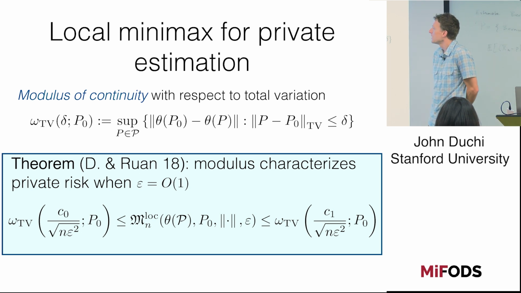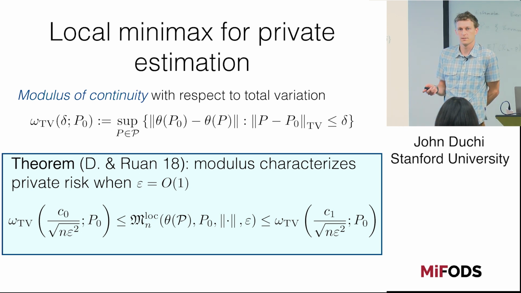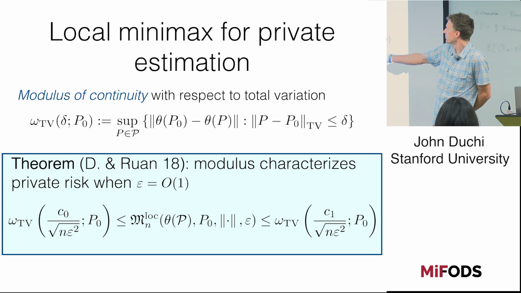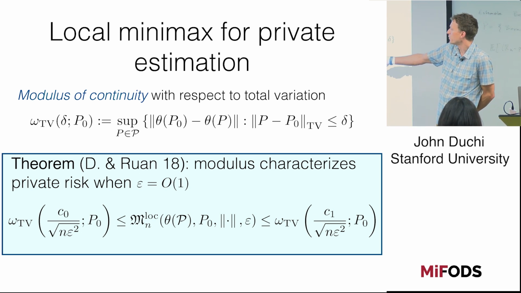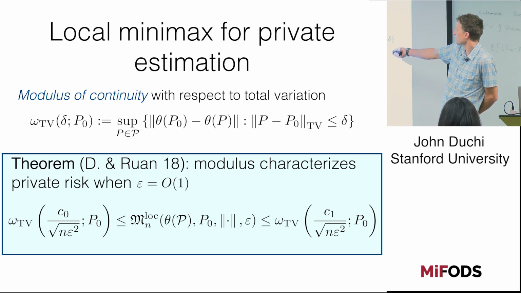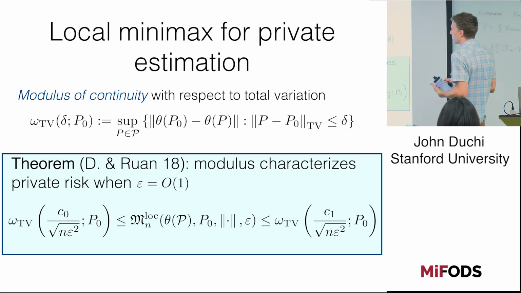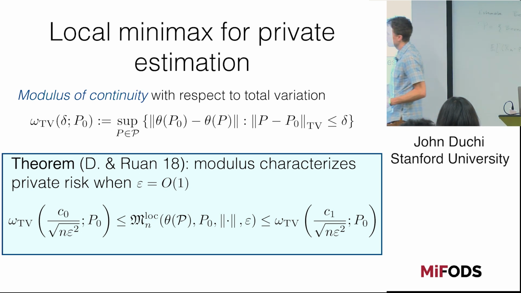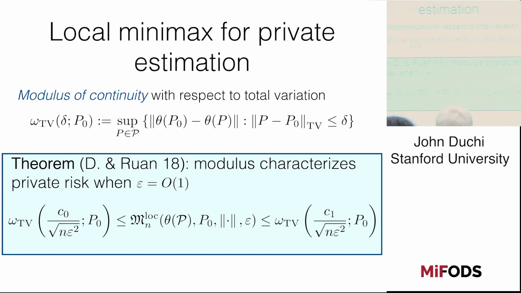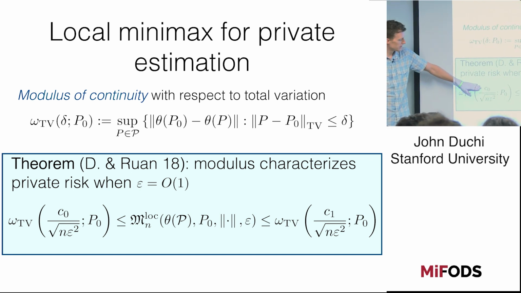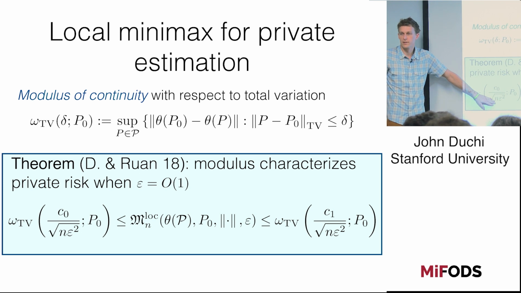Okay, so in the private case, it turns out that what governs everything is the modulus of continuity with respect to total variation distance. So I take my initial distribution P0, and ask how much can I move my parameter of interest while keeping the distribution close to my initial distribution, my population, in variation distance? And here's the theorem you can show: this local minimax complexity is upper and lower bounded, as long as our privacy parameter epsilon is less than or equal to 1 or so, by the modulus of continuity at a constant divided by square root of n epsilon squared.